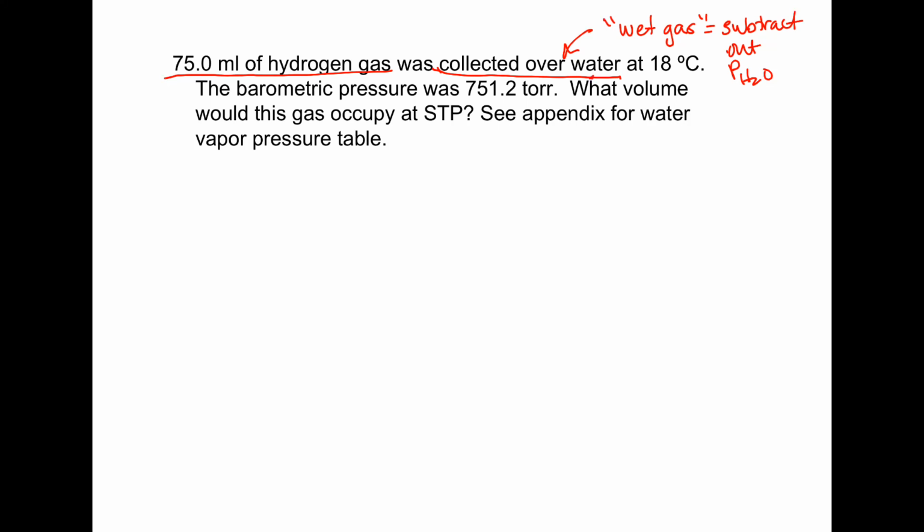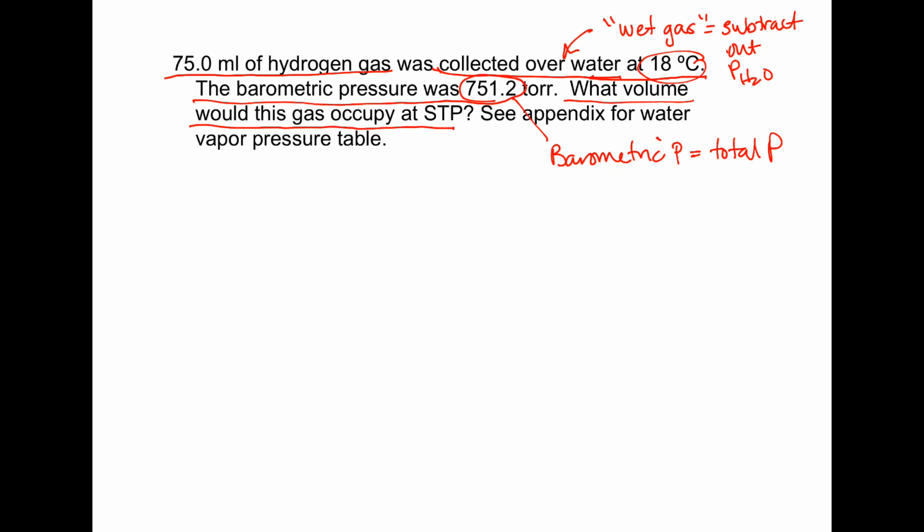So we have a gas collected over water at 18 degrees C. The barometric pressure is 751.2. Barometric pressure is always the total pressure. What volume would this gas occupy at STP?